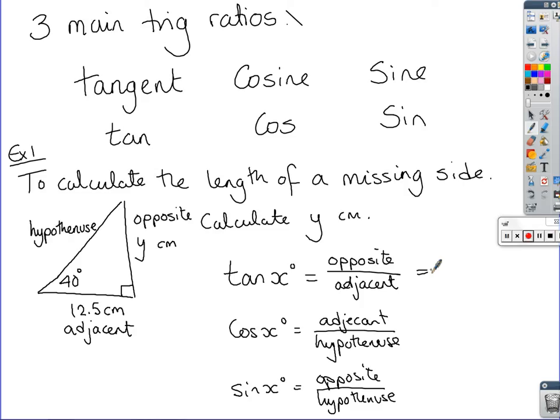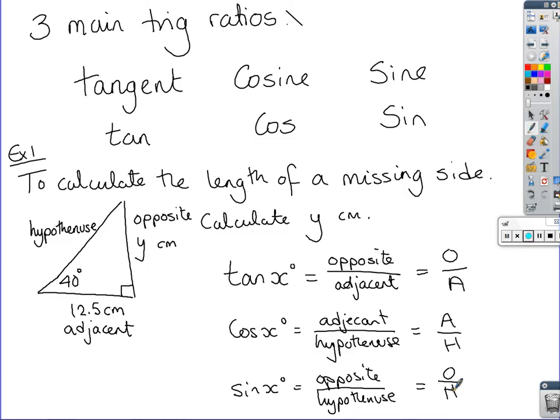These can be shortened to O over A, A over H, and O over H. So O stands for opposite, A for adjacent, and H for hypotenuse. So we would look at our triangle that we are given in our question and decide which of these three trig functions we would use.